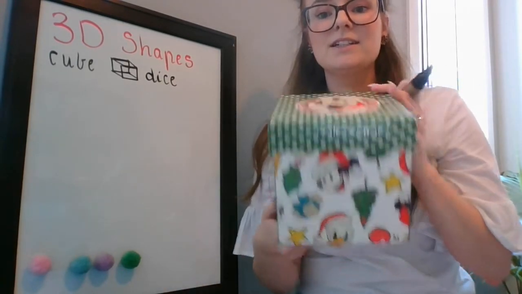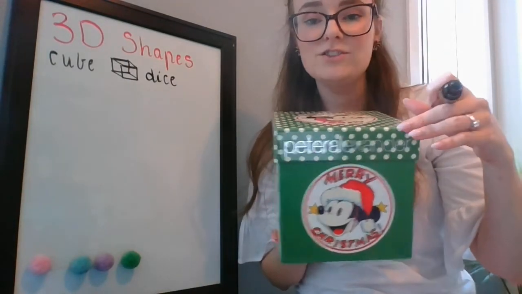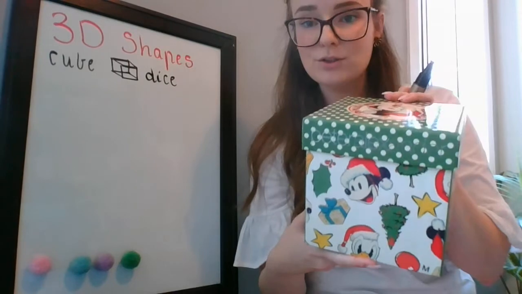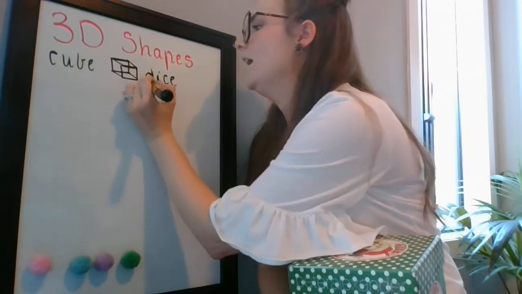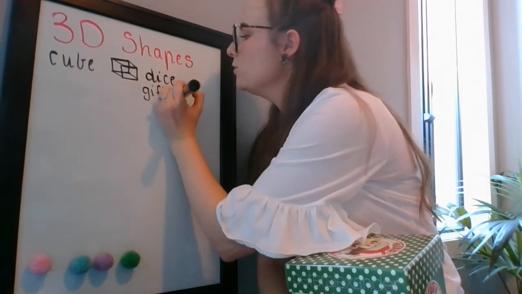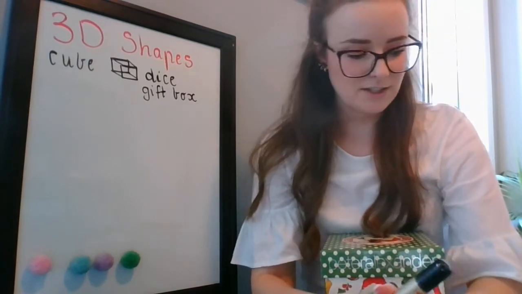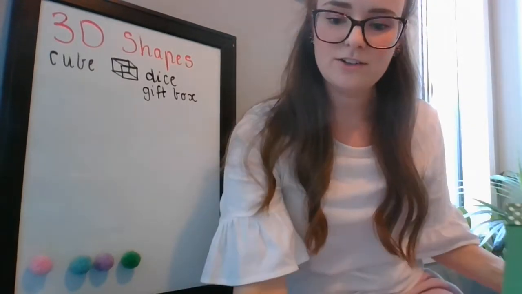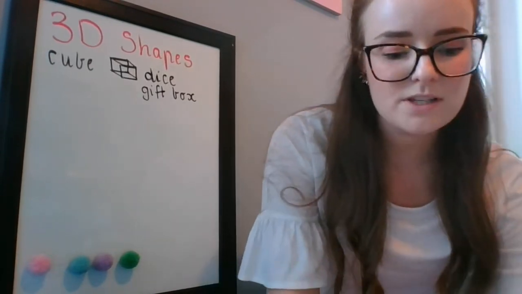Okay, still has the same amount of faces, same amount of edges, and same amount of corners or vertices. So I'm going to say that my gift box is also a cube. Let's see what else I found on my hunt. I'll give you another couple of examples.